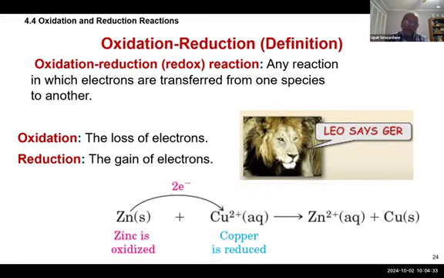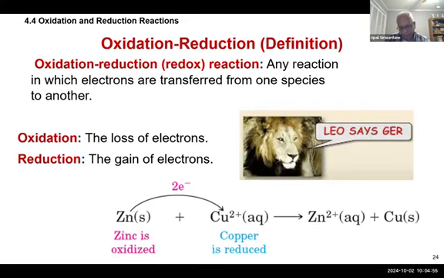If you look at the reaction between zinc metal and copper ions, zinc metal atoms are neutral. Zinc metal reacts with copper ions, like in copper sulfate solution.